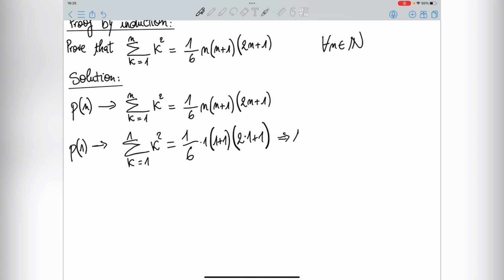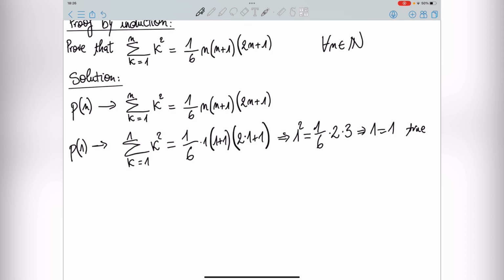So this implies that 1 squared is equal to 1/6 times 1 times 2 times 3. So this implies that 1, because 1 squared is equal to 1, and this is going to cancel out. So 1 is equal to 1, therefore it is true, right? So our P of 1 is true.